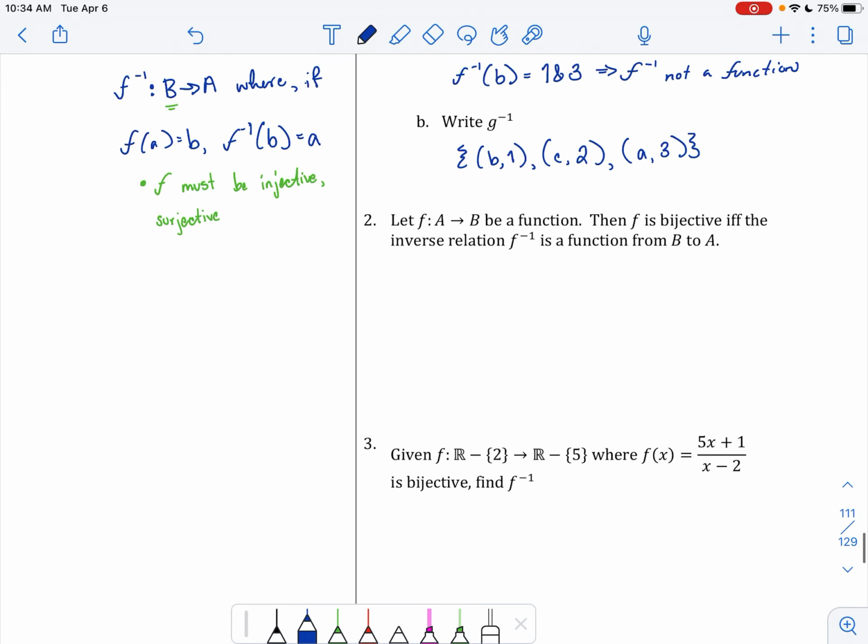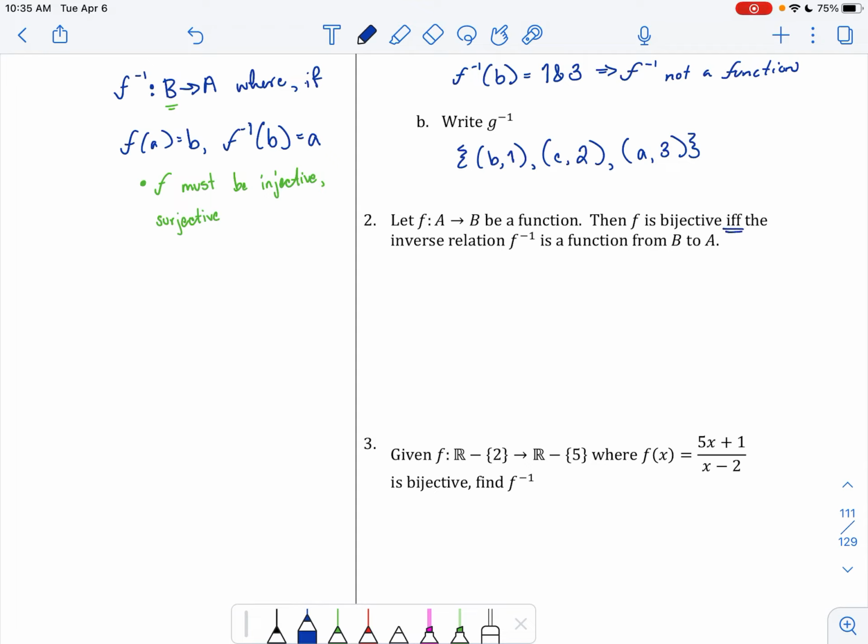2. Let f be a function from A to B. Then f is bijective if and only if the inverse relation is a function. So what we've already said is that it has to be bijective in order to have an inverse function. Now, what we want to do is make sure we go backwards, so we're proving an if and only if.